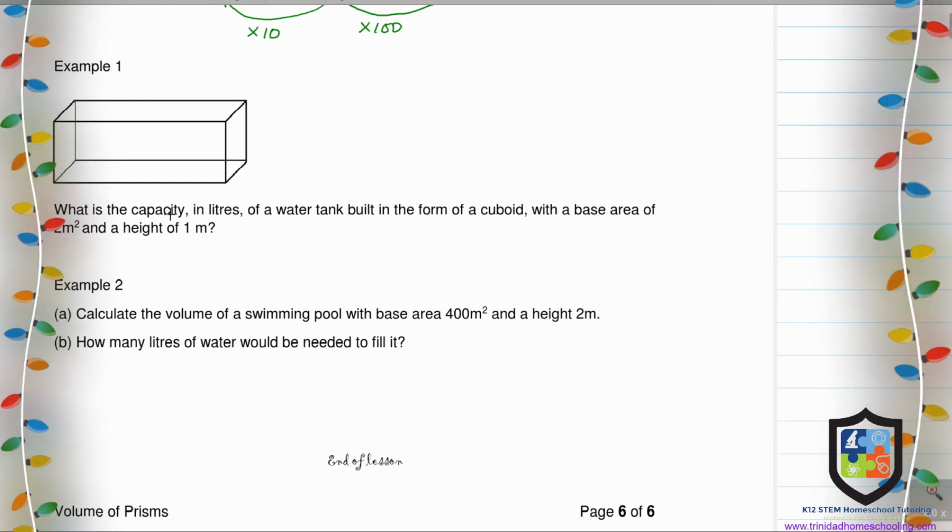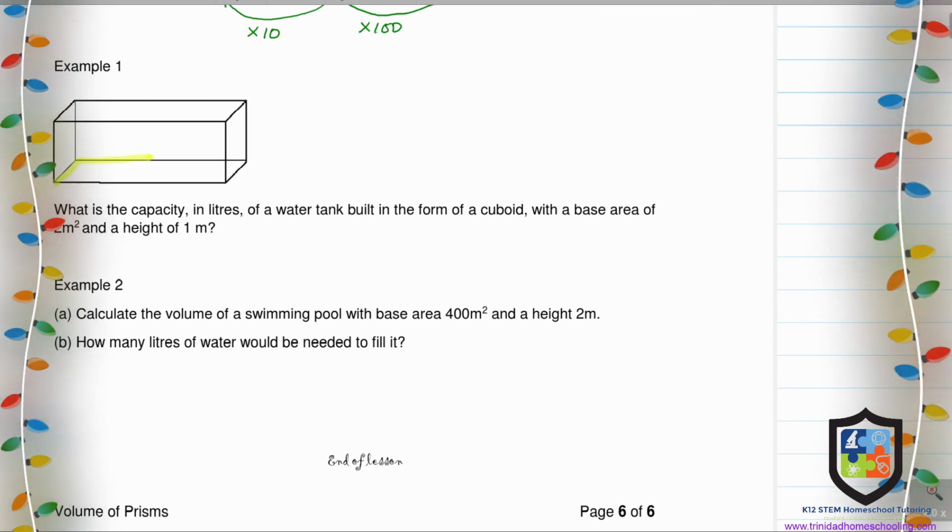What is the capacity in liters of a water tank built in the form of a cuboid with a base area of 2 meters squared and a height of 1 meter? So let's put in our values.